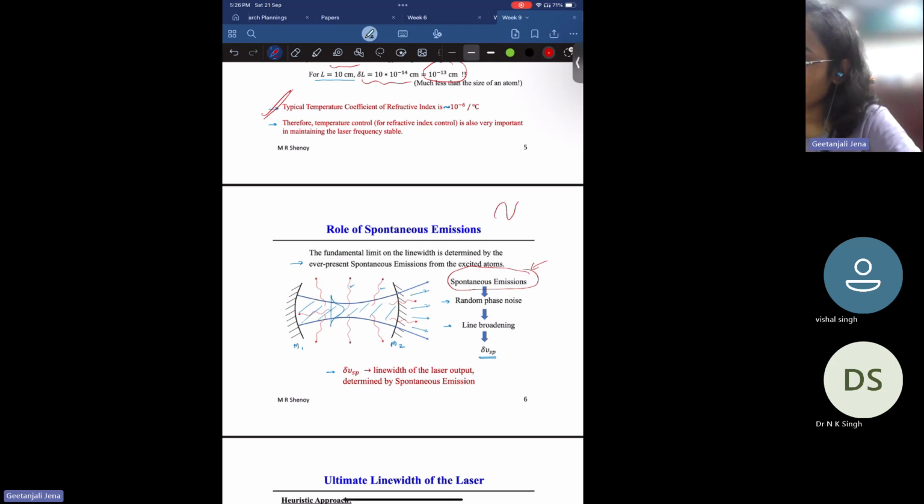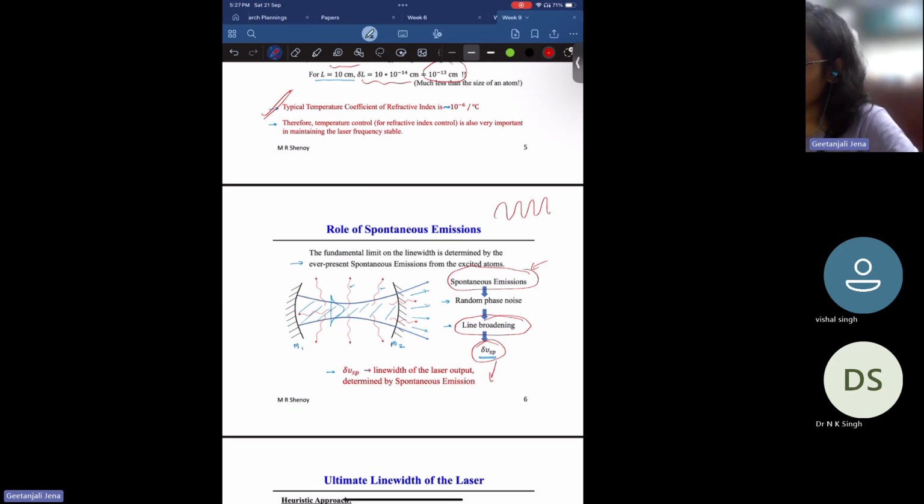Initially we have a phase like this, let's say, and it will introduce a random phase fluctuation in the system. Because of this random phase fluctuation, we see a broadening due to the coupling of the spontaneous emission to one of the cavity modes.